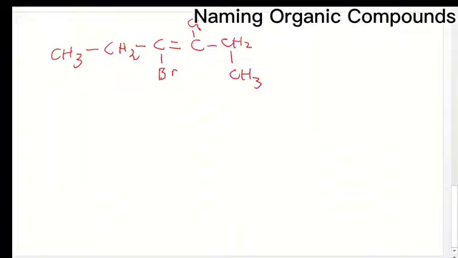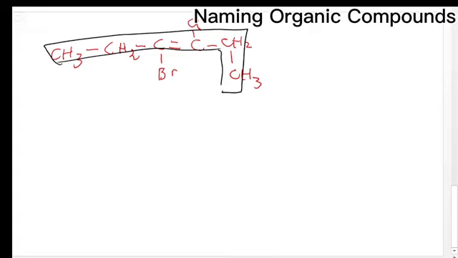How do we then get the nomenclature of this? The first thing we do is to identify the longest carbon chain, and to do that we just count the longest chain: 1, 2, 3, 4, 5, 6. So it is continuous, so this is the longest. How many carbon atoms? That's 6 carbon atoms. So the parent name is a hexene, because it has a double bond.